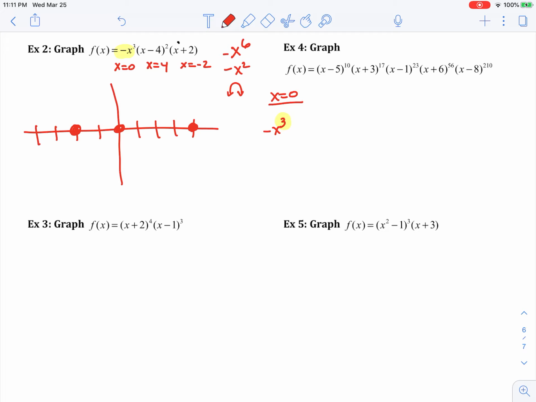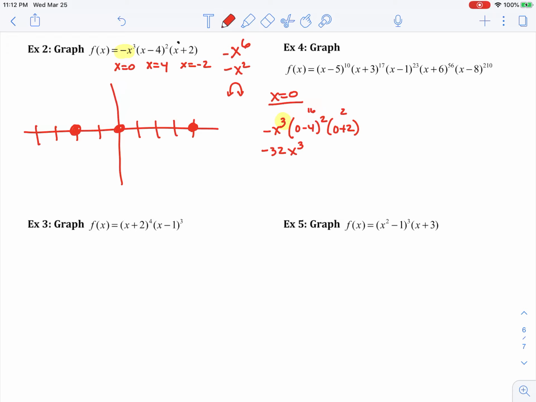But if we want to be a little more specific about that behavior, then we can take that value of 0 and plug it into the other x's of the equation except for where it came from, and it came from that negative x cubed. So we're going to leave that term alone, and we're going to plug 0 in for the other x's. So 0 minus 4 squared, 0 plus 2, and we end up getting a 16 here, a 2 here, or overall a negative 32 x cubed.